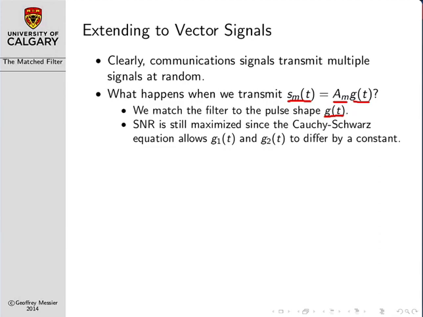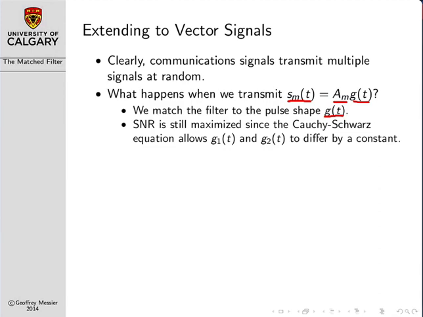And so this raises a couple of questions. First of all, does it still maximize signal to noise ratio? And the Cauchy Schwarz inequality says that it does. The two signals in the Cauchy Schwarz inequality don't have to have exact equality, they just have to be equal to within a constant.